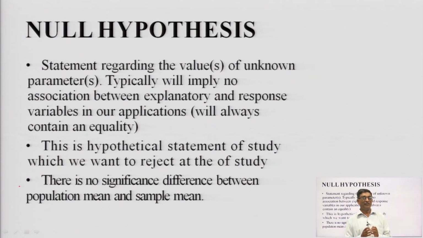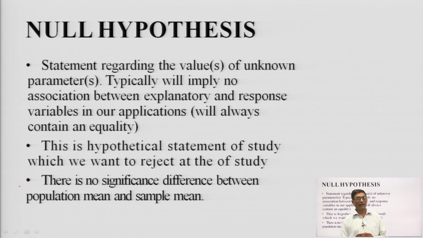Okay. So, in null hypothesis, we take there is no significant difference between the population mean and the sample mean, and if we have a 2 sample study, then we consider there is no difference between the 2 sample means, or we can say both are equal.